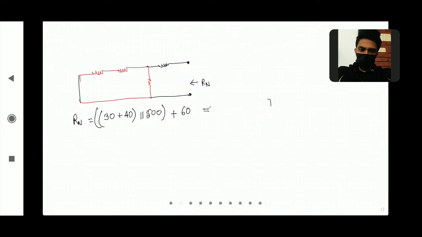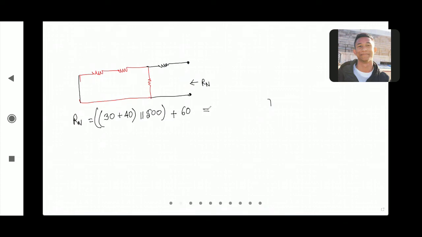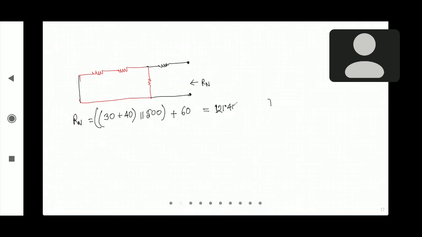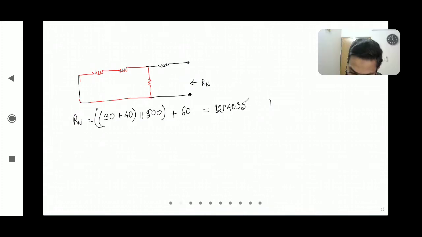Yes, sir. What is the result? 121.4035. Hopefully it is the same answer for all of you.